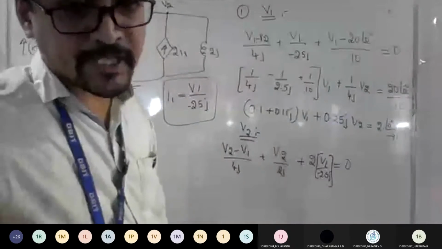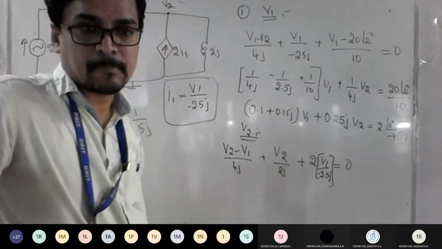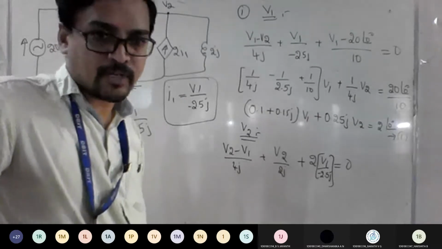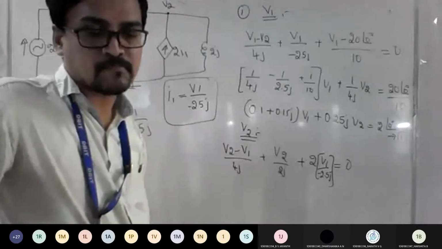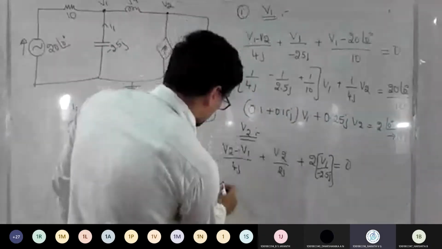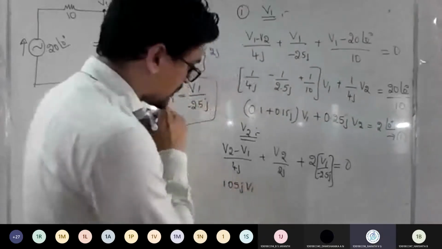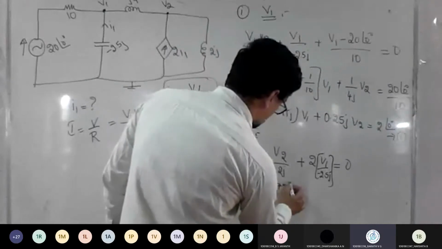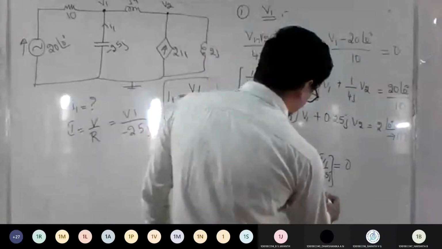What is the second equation? 1.05J V1 minus 0.75J V2 equals 0.